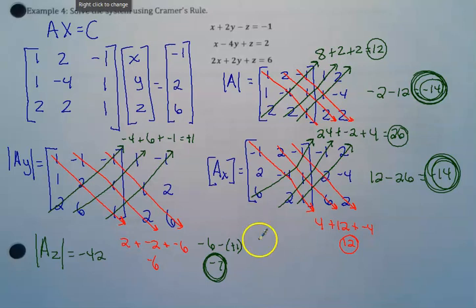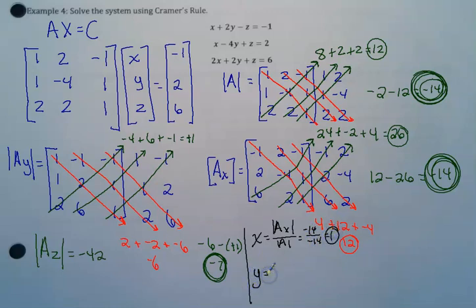So to find x, right? X equals the determinant of a sub x divided by the determinant of a. The determinant of a sub x is negative 14 divided by negative 14, so x equals 1. Y is the determinant of a sub y, which we said was negative 7, divided by the determinant of a, which is negative 14. So this equals a positive 1/2.